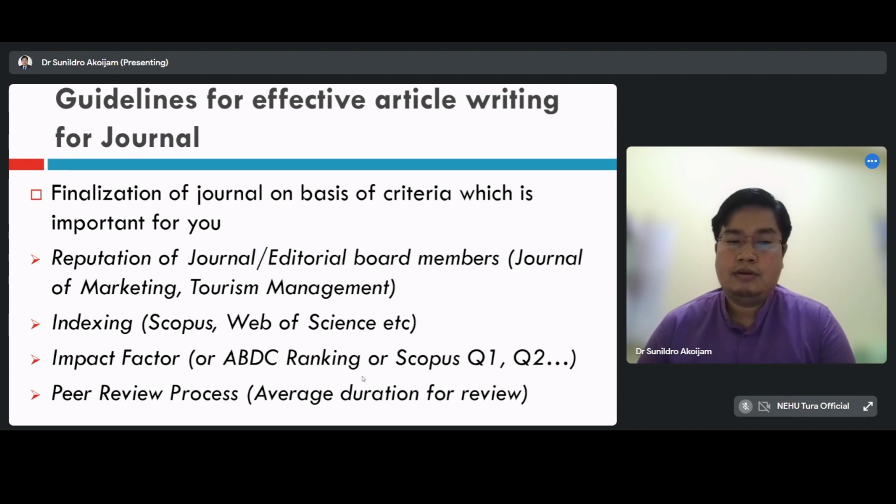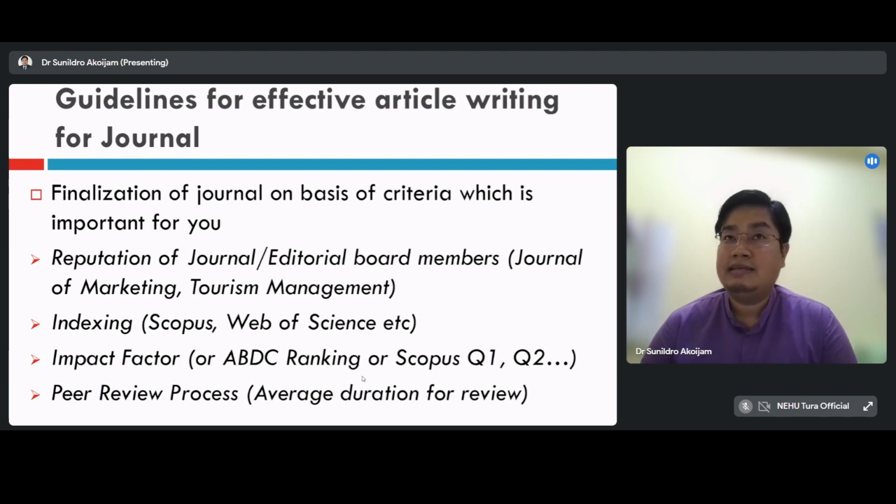Okay, so either you go as per the impact factor, or maybe the ABDC ranking, another important aspect which is very relevant to the management discipline. The premier institutions like IIMs basically judge the quality of a journal on the basis of ABDC ranking.